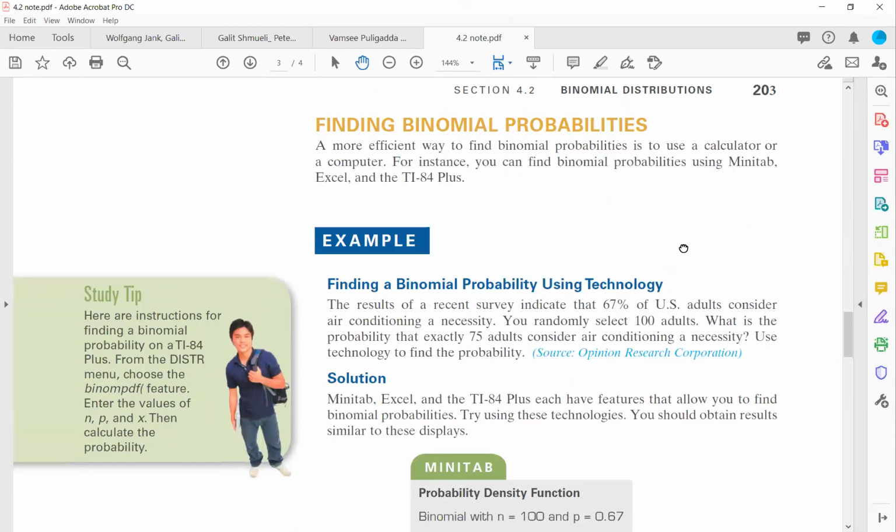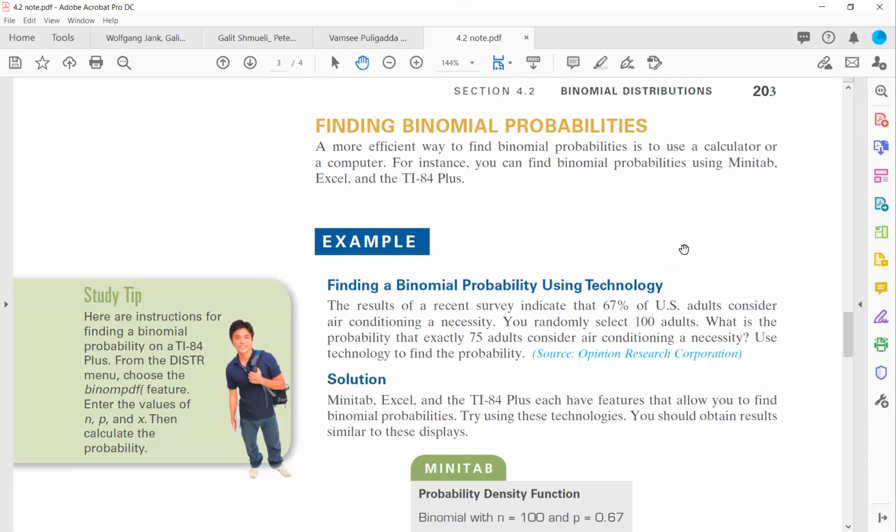Another example, finding a binomial probability using technology. So the result of a recent survey indicates that 67% of US adults consider air conditioning a necessity. Okay, 67%. It seems like we have a binomial experiment and this is our P, the probability of success, 0.67. You randomly select 100 adults.